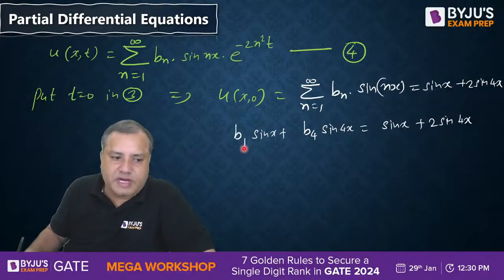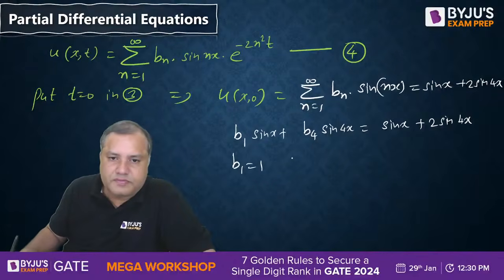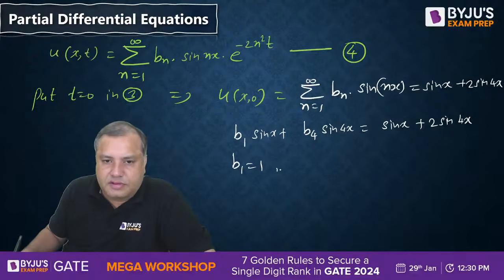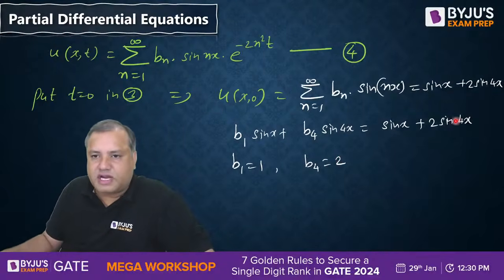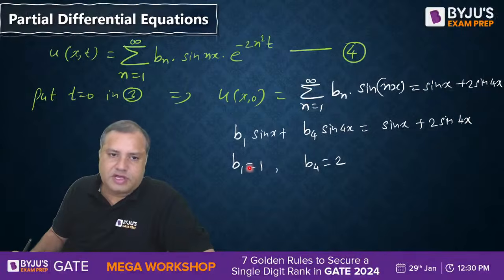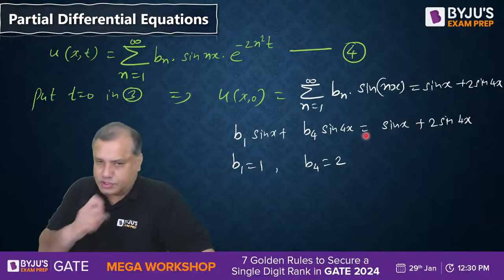Now comparing both sides, b1 is equal to 1 for n equal to 1, and b4 is equal to 2 for n equal to 4. So there are two values of n, 1 and 4. b1 is 1 and b4 is 2.